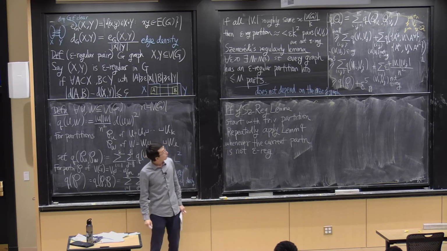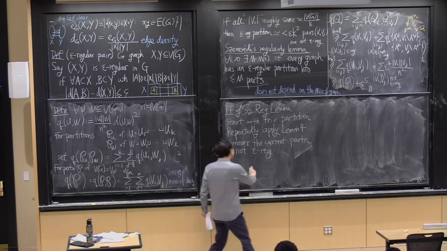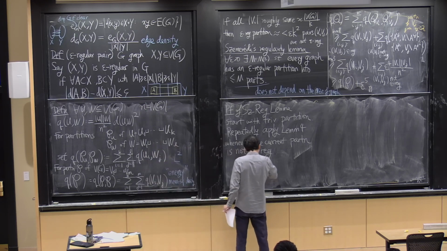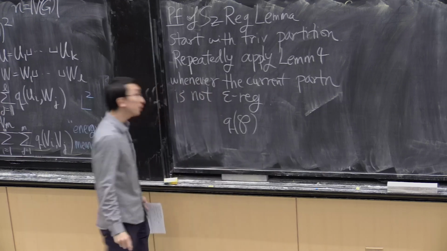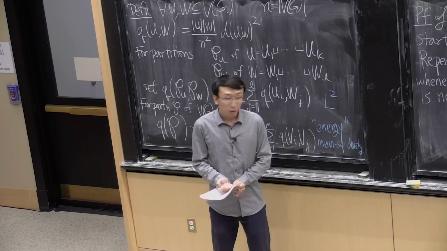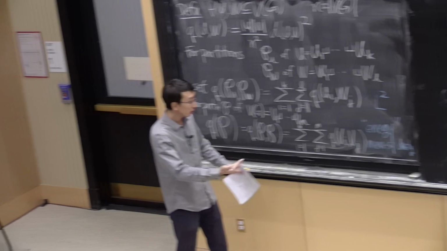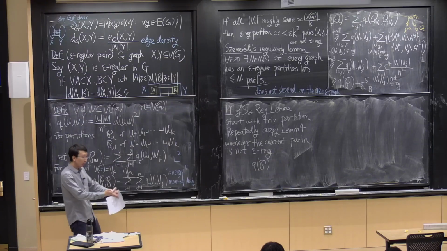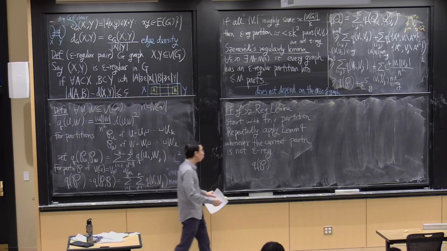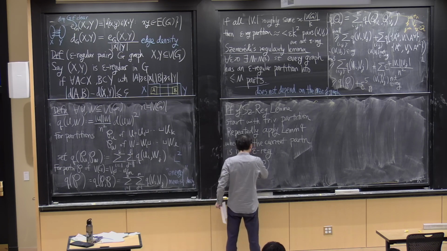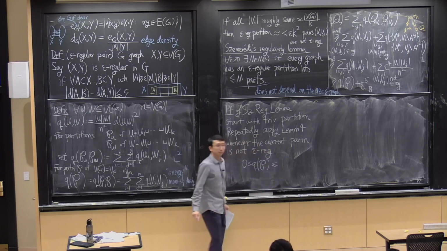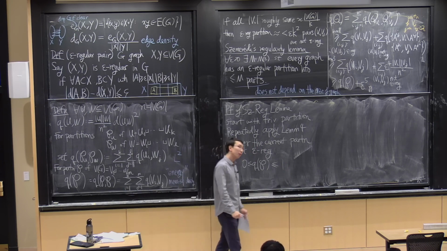All right, so let's look at the energy of this partition. So this is a weighted mean of the edge density squared. So it always lies between 0 and 1, just from the definition of energy.